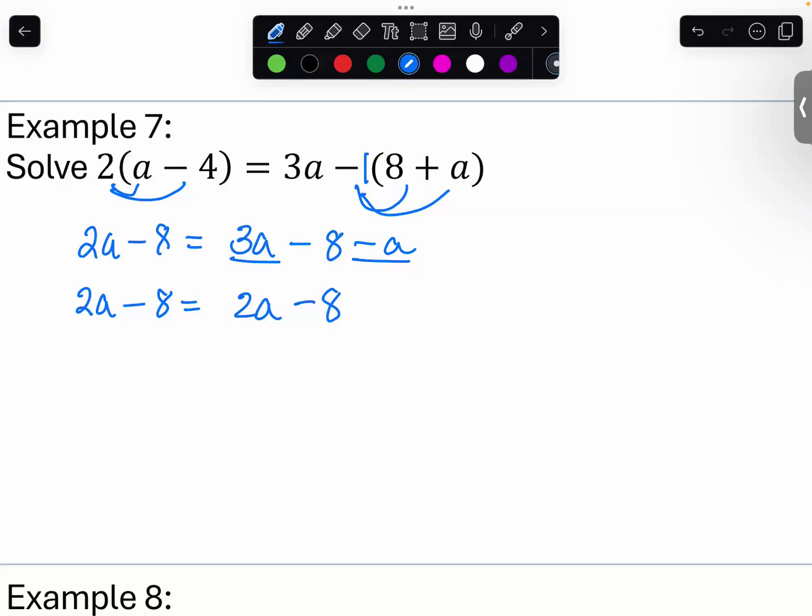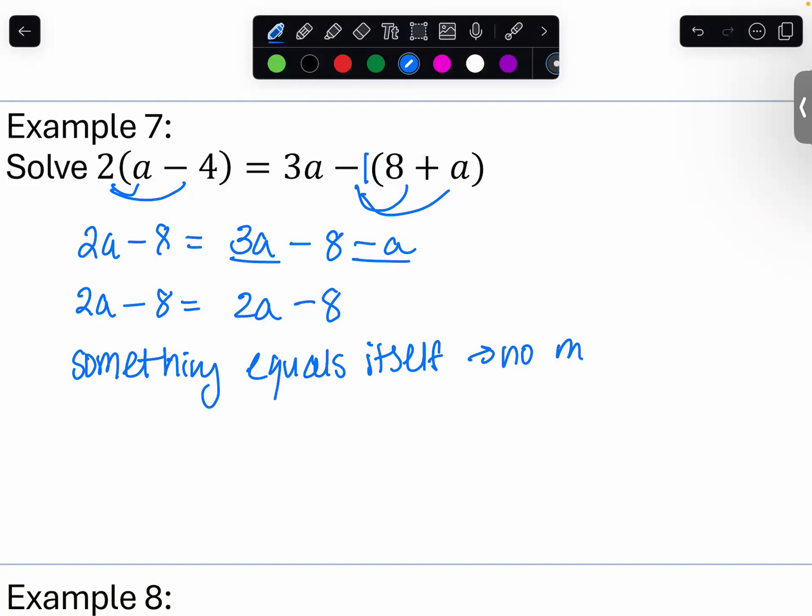And I want you to notice I got 2a minus a equals itself, 2a minus a. Well, no matter what a is, that's always true. Something equals itself. So no matter what a is, this equation is true.